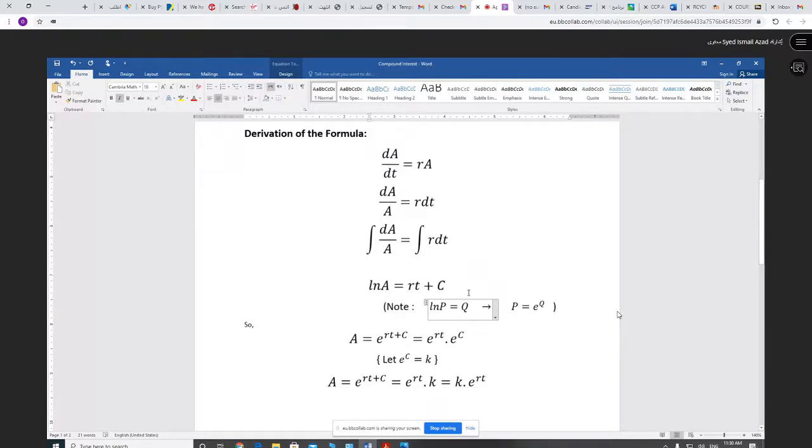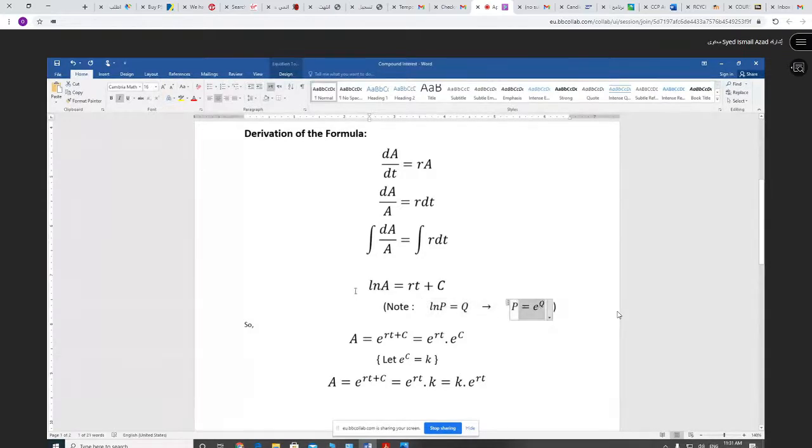So it will become p equals e power q. This is what we have. Is it clear, students? Please have a look at this formula. If you have ln p equals q, you can write it in the exponential form: p is equal to e power q. The right hand side will go to the power of e. This is the exponential form.